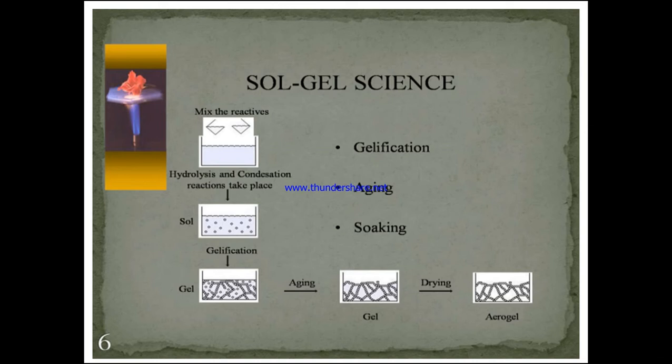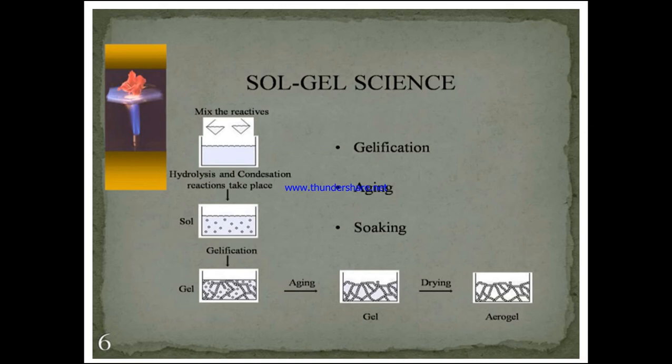So the precursor, that is metal alkoxide plus alcohol plus water, is a homogeneous solution here. In this homogeneous solution the metal alkoxide reacts with the water to give the hydrolysis reaction.